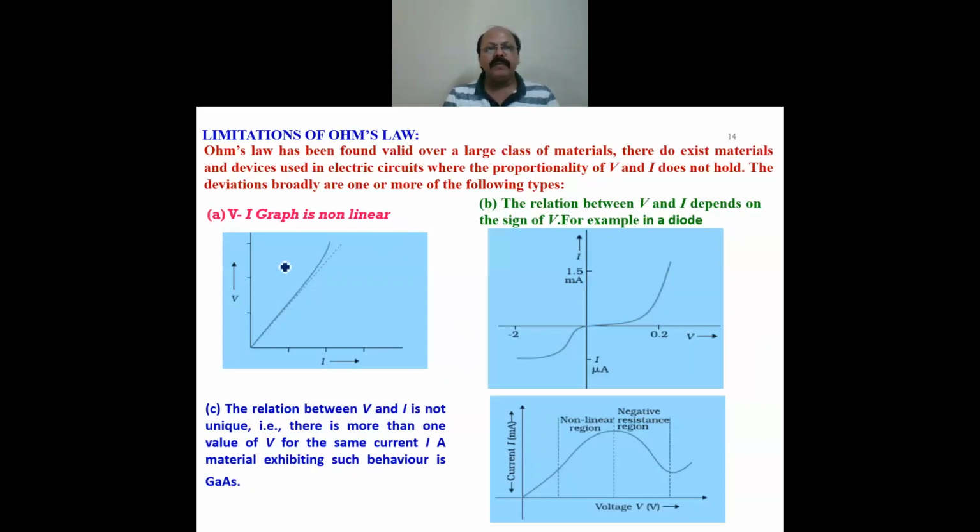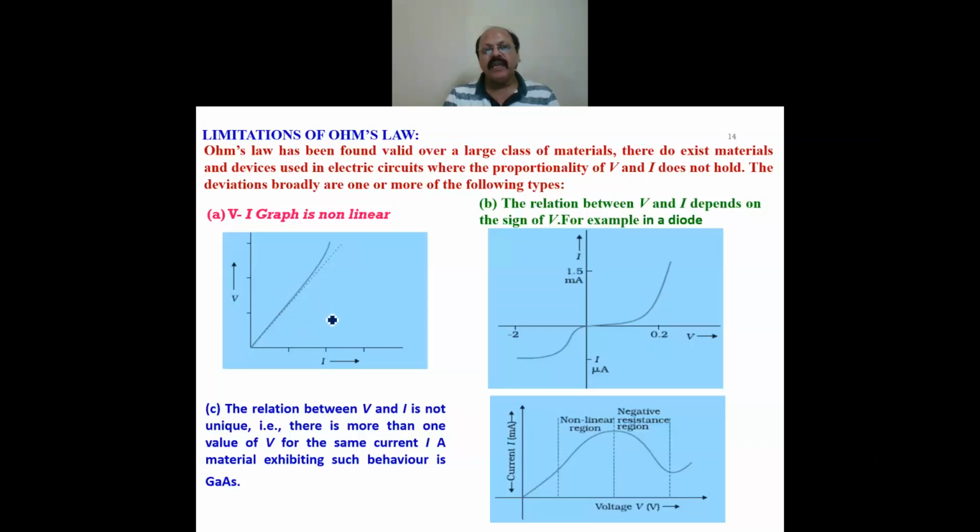You see the graph between V and I. Up to a certain value, the graph is straight and passes through the origin. But as the current becomes large, the straight line gets converted into a curved line. That indicates that for a small value of current, up to which the resistance of the conductor remains constant, meaning it does not change, Ohm's law is valid.